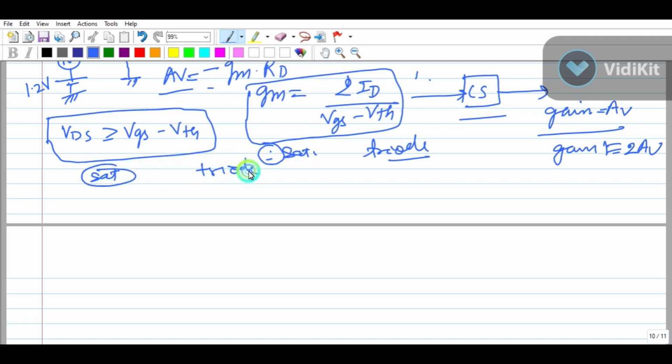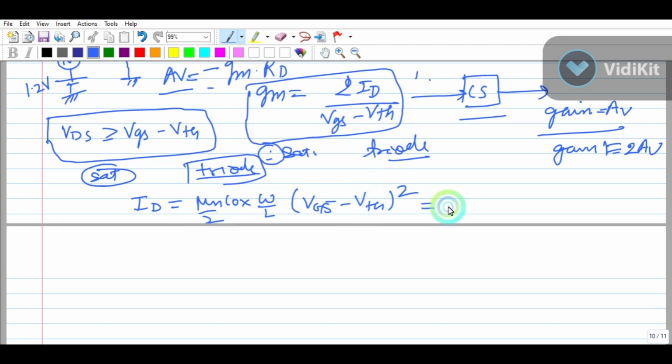So again we have to go back and use the triode current equation. Okay, so what is ID? ID equal to mu nCox W by L into VGS minus VTH square divided by 2.